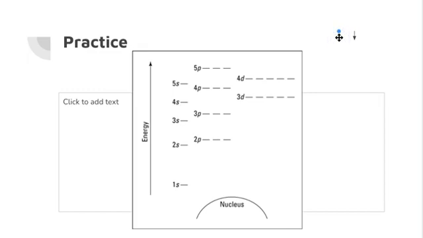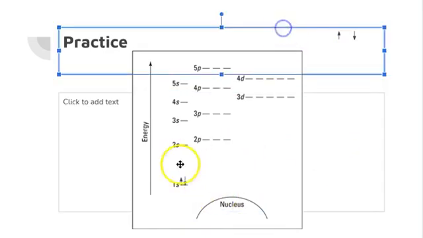Okay, so I'm going to stick 1 here in my 1s. And then I'm going to put my second one right next to it. Okay, so I've got 2 electrons filled in my 1s. I go up to my next line or orbital, and that's the 2s one. And I'm going to put my electrons in here. So I'm going to put one.